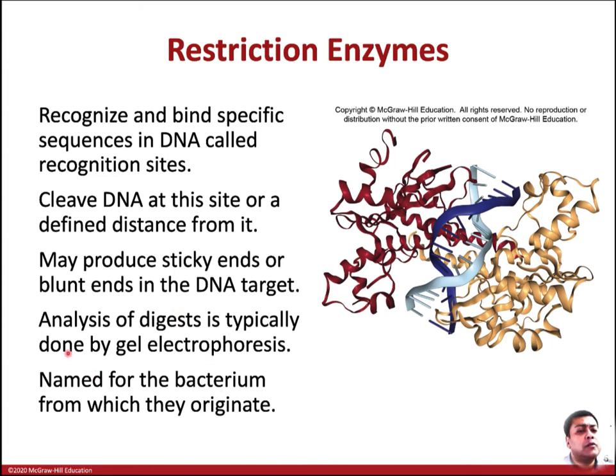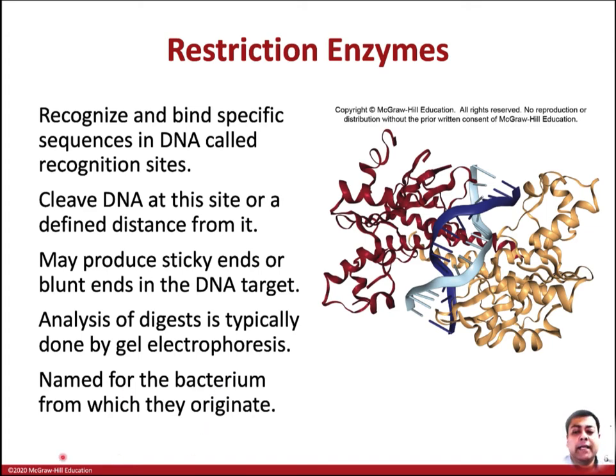Before pasting, we want to see whether we have the correct molecular weight size or not, and we're going to see that by gel electrophoresis. Most of these enzymes originate from bacteria, and the restriction enzymes, whose full name is restriction endonucleases, are named after the bacteria.